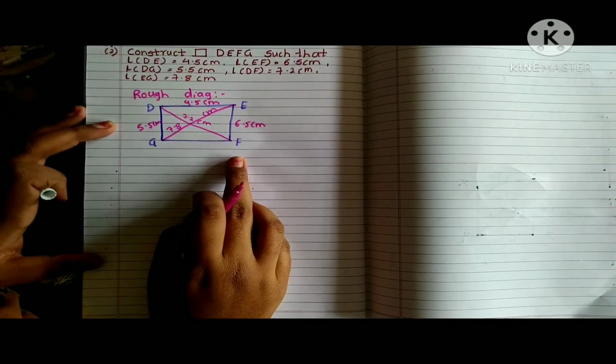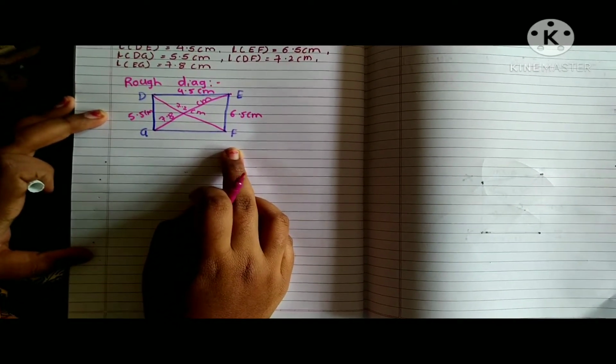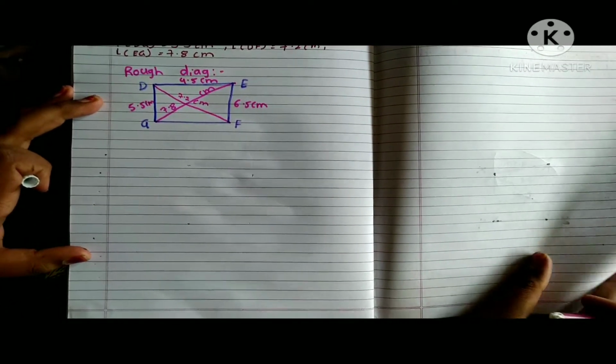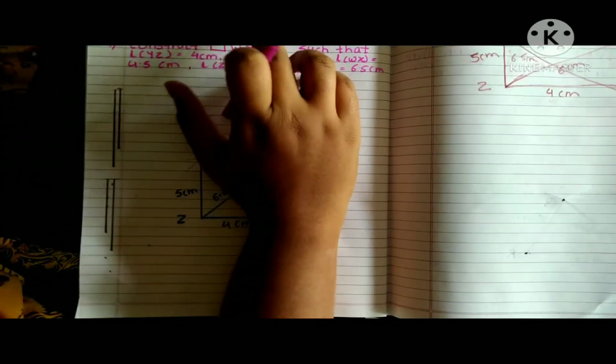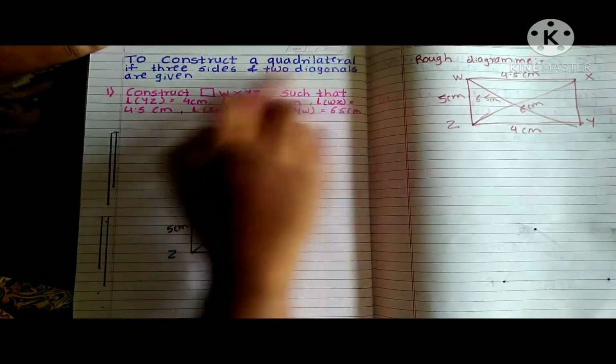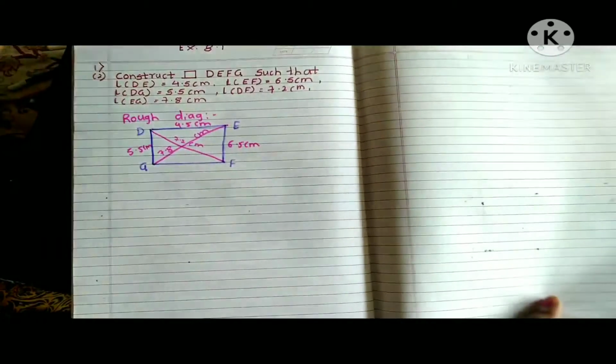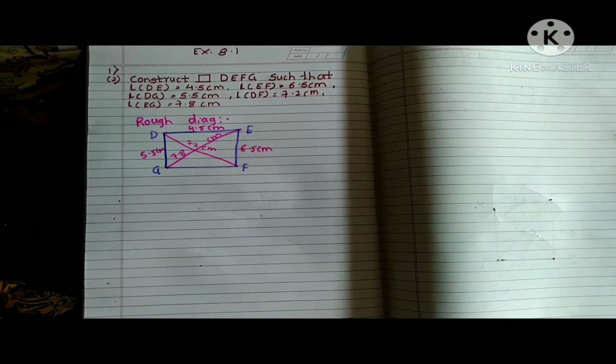Now by looking at this figure, do you remember any construction which we have done? Yes, this is our second condition, to construct a quadrilateral with 3 sides and 2 diagonals. So let's try to do the construction now.